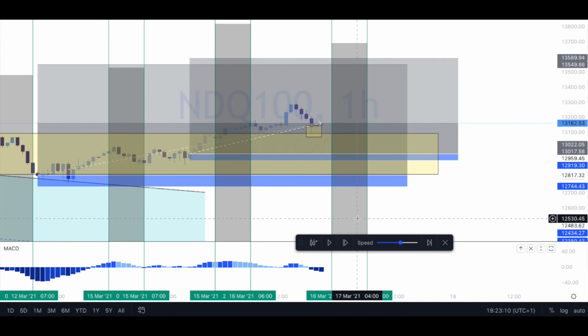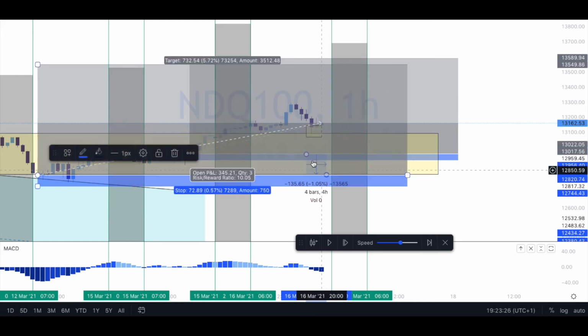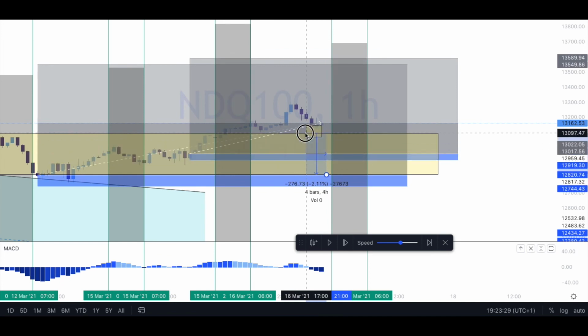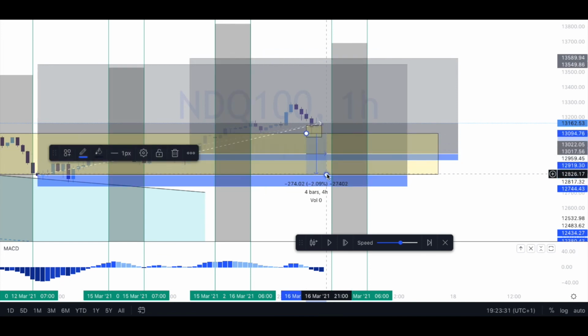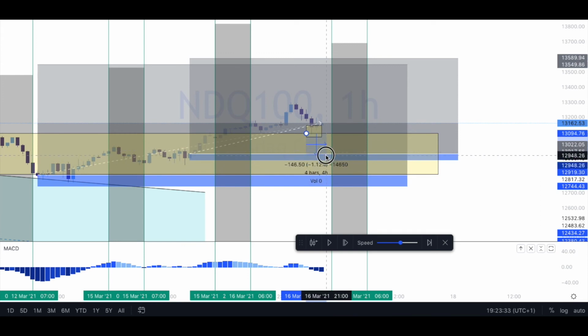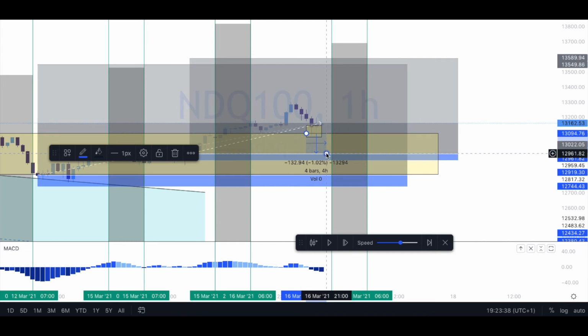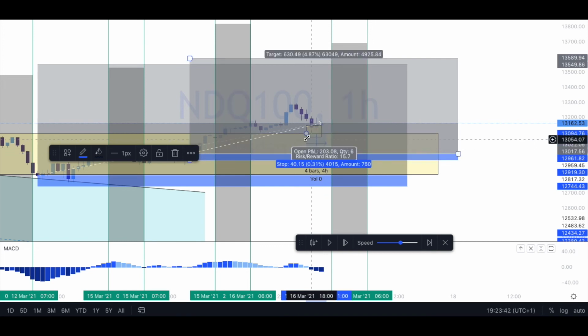So now that that's happened, let's see what we got on this particular trade. Let me pull it down so it's easier to see. So we got 132 on that trade.